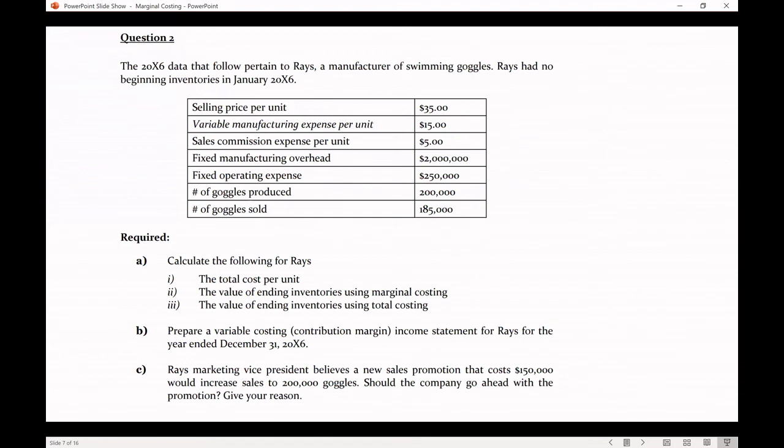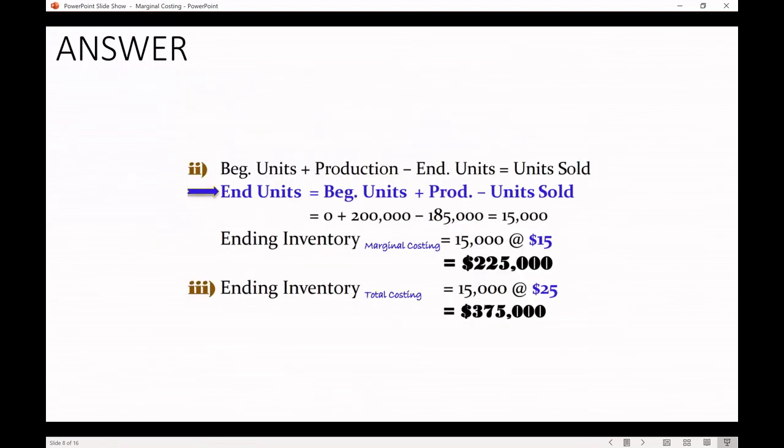The next part of the question tells us to value ending inventory. Nowhere does it tell us what our ending inventory was. They didn't explicitly say this is what we have left. However, we can use our formula. The formula that we know in terms of production cost is beginning units plus production minus ending units equals units sold.